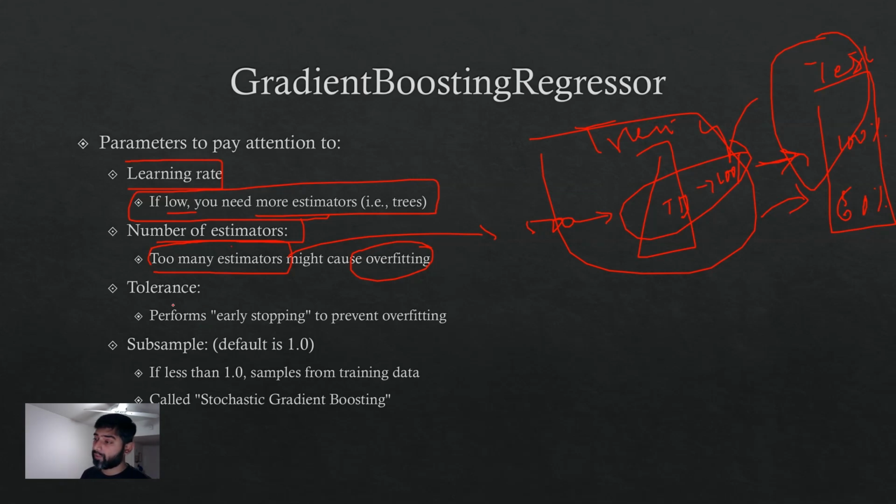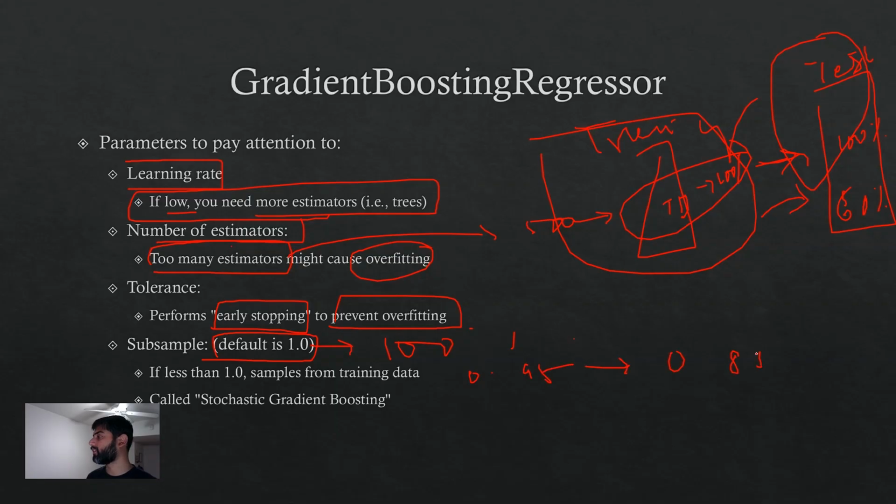So what you could do to improve that is use the concept of early stopping to prevent overfitting. By default, the subsample is 1. By 1, I mean 100% of the data is read. But if you don't want 100% of the data to be studied by the gradient boosting regressor, you can reduce it to, let's say, 0.95 or 0.85.